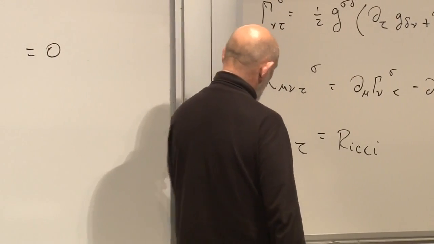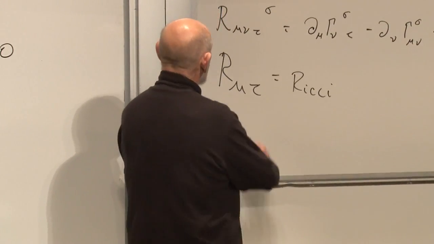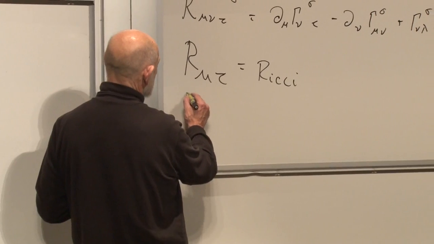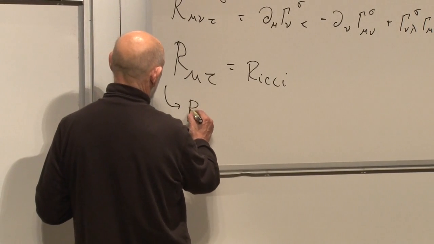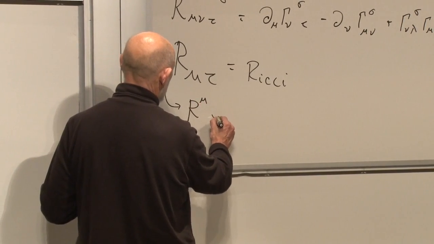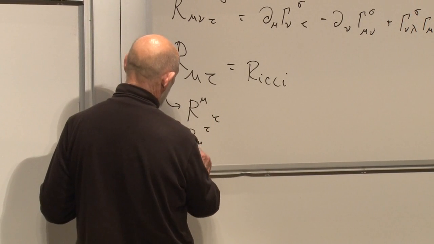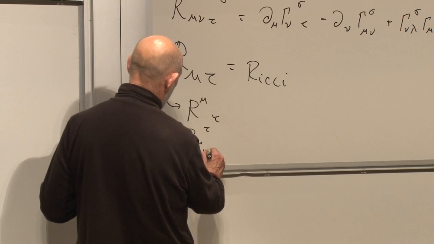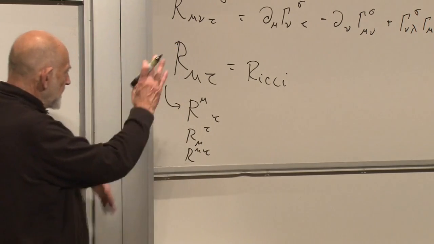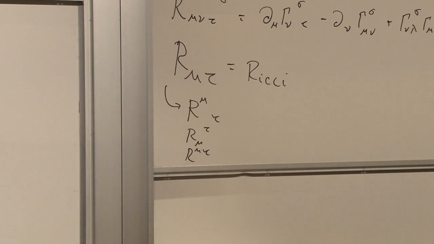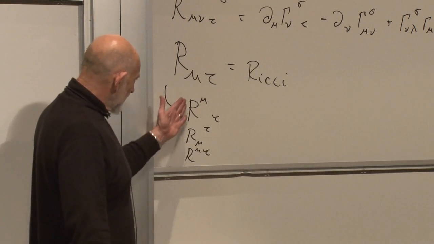And as always, if you have a tensor, you can raise and lower its indices. That means there's also a thing called R mu tau with one index raised, and also R mu tau with both of them raised. You can raise and lower indices using the metric tensor.